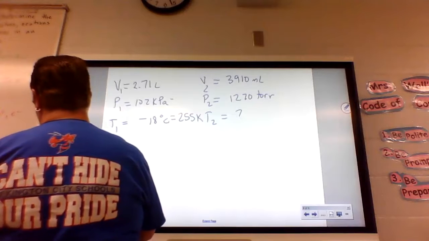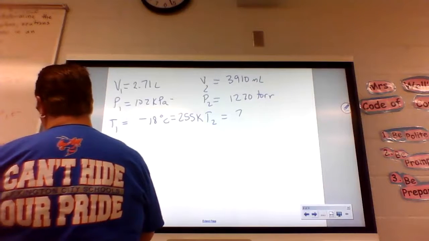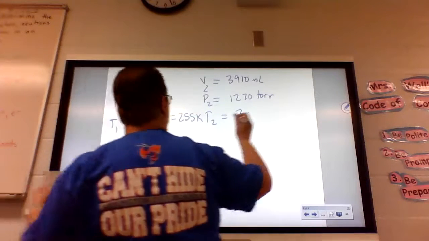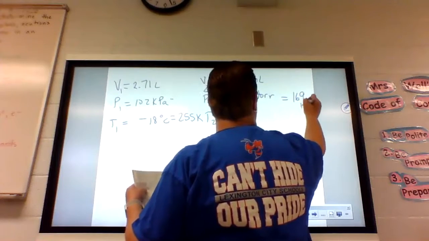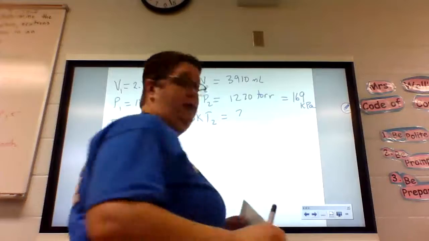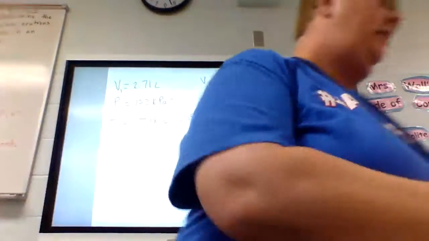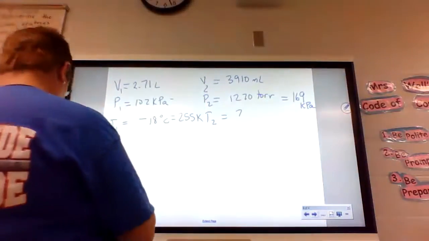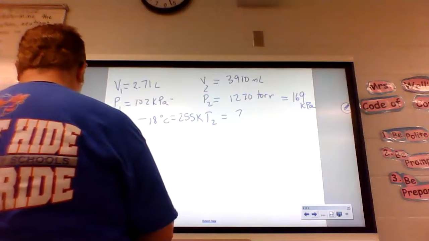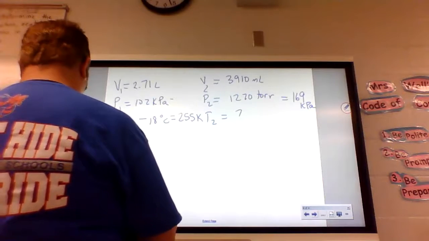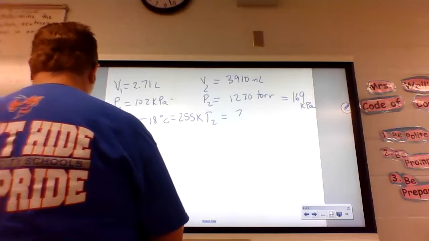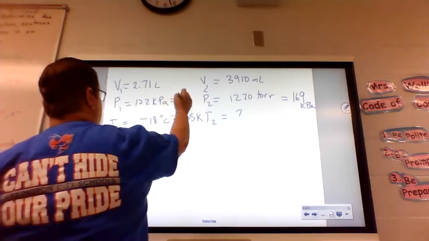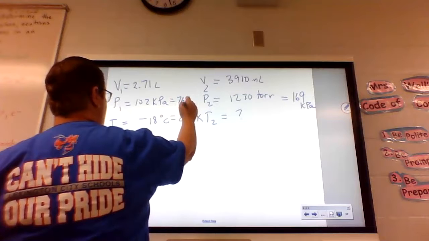I did them in kPa. I think it's 169. I changed that to kPa, so I have it in 169 kPa. You don't have to do it in kPa. You could have changed it to torr just as easily, which would be 765 torr if you did it that way.